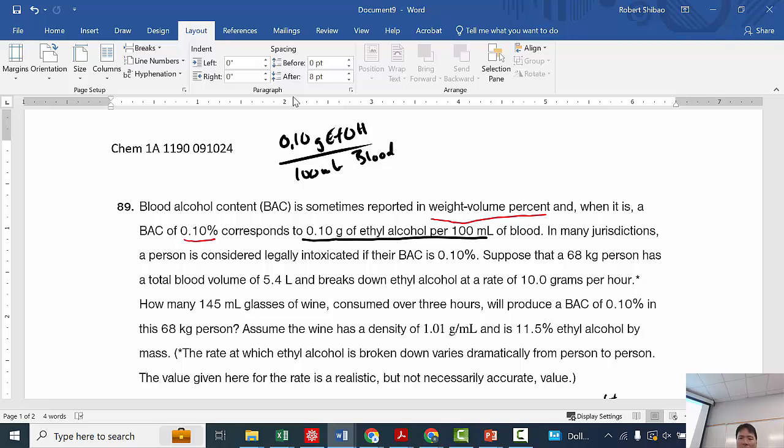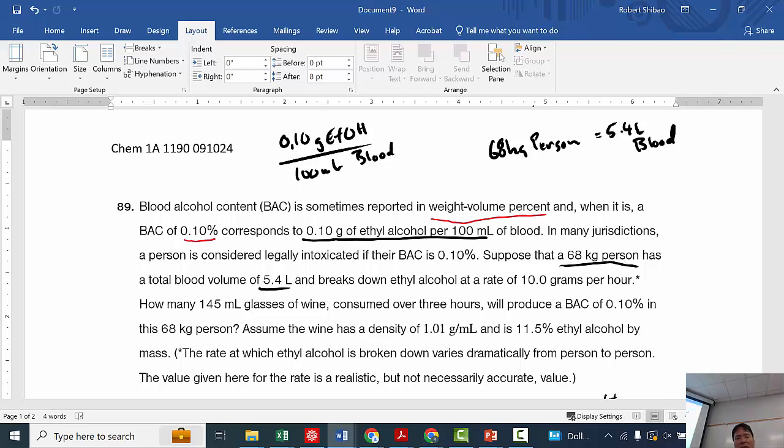Suppose that a 68 kilogram person, okay, this is an extensive property, has a total blood volume of 5.4 liters. What's extensive? Extensive versus intensive. Yeah.